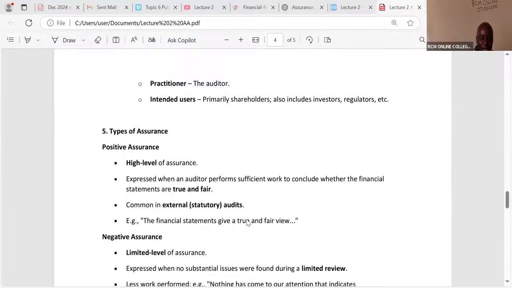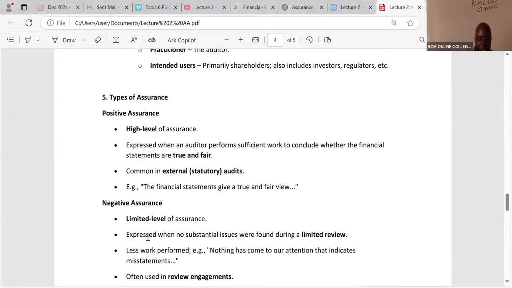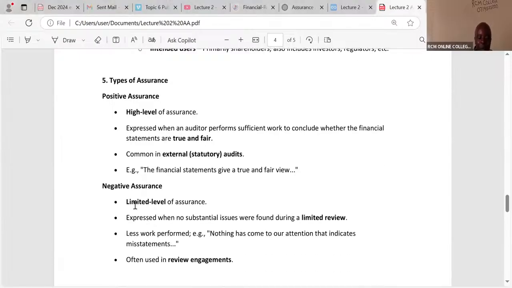And listen to this. Negative assurance. When does it work? With negative assurance, we are looking at what we call a limited level of assurance. It's some kind of comfort I'm giving you, but very little, because the time you gave me to do the work was very little, and the resources you are giving me are very little. So I'll be able to give you what we call negative assurance.